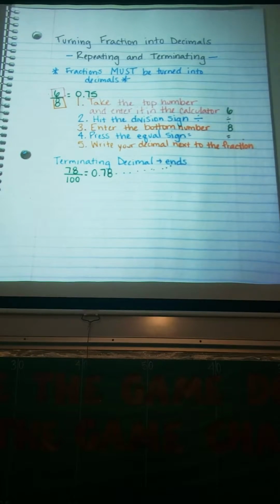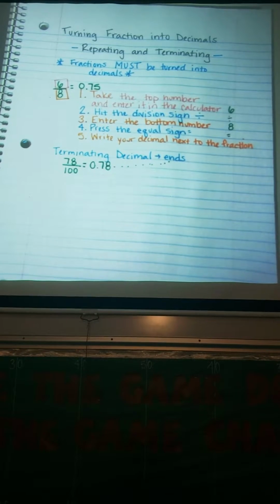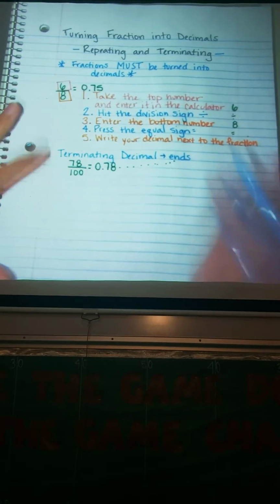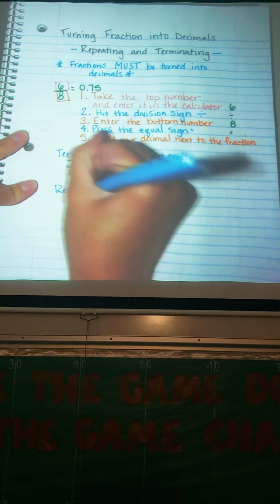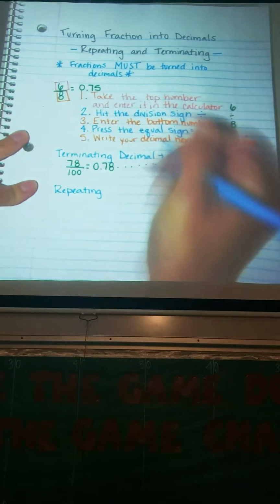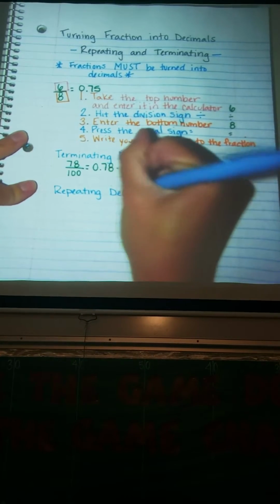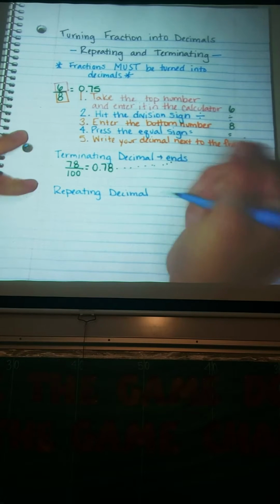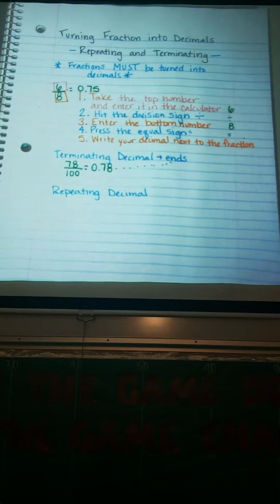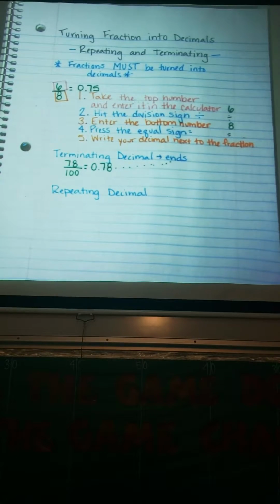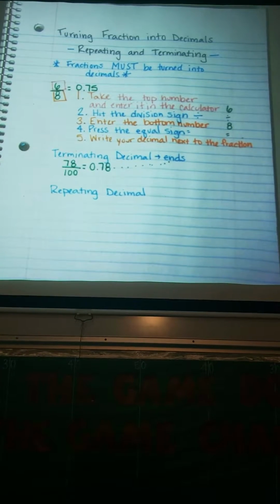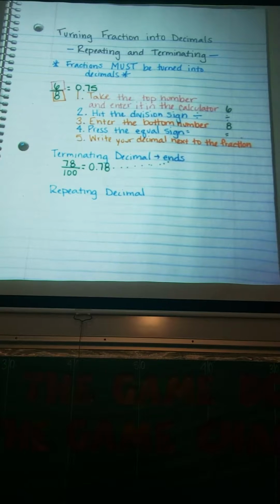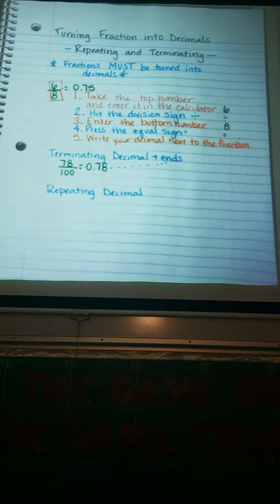Okay? The second type is a repeating decimal. And I know you guys are going to be so surprised that a repeating decimal repeats. It has a pattern and it goes on forever. You can predict what's going to come next.